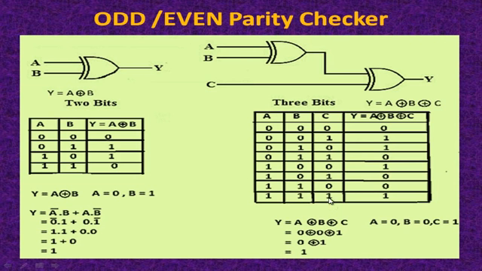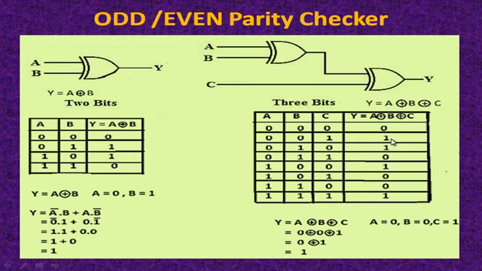Students, remember that, though I have not written it here for these three inputs: 1 XOR 1 equals 0, and again taking this 1 means 0 XOR 1, and we know that 0 XOR 1 is equal to 1, means here an odd number of inputs are high, therefore the output will be high.